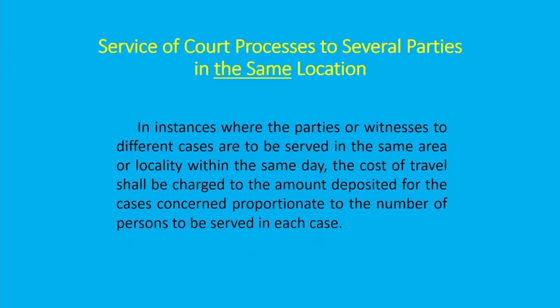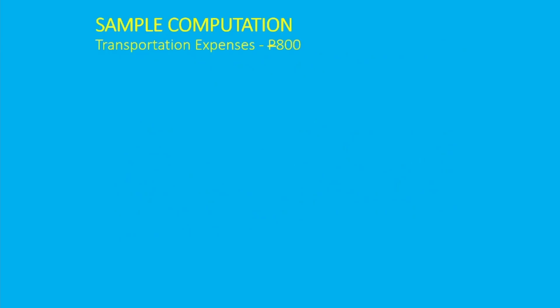In instances where the parties or witnesses to different cases are to be served in the same area or locality within the same day, the cost of travel shall be charged to the amount deposited for the cases concerned, proportionate to the number of persons to be served in each case. So you cannot multiply it by the number of cases you serve during the day. It should be apportioned to each case, the actual cost. STF should be the actual cost.